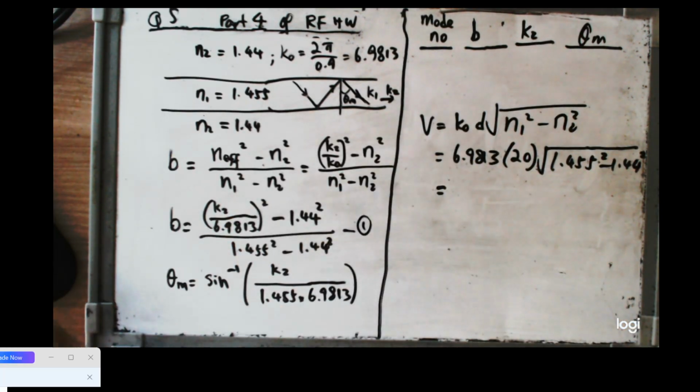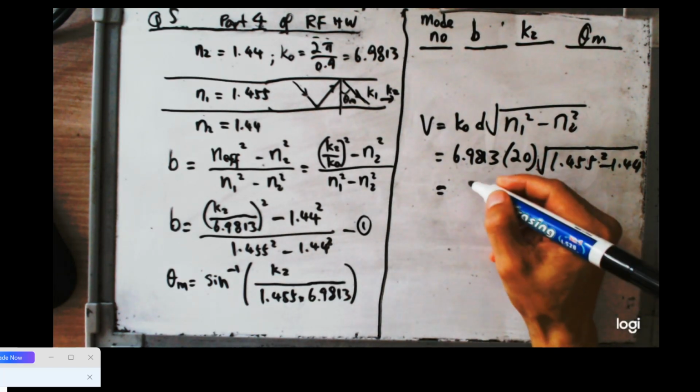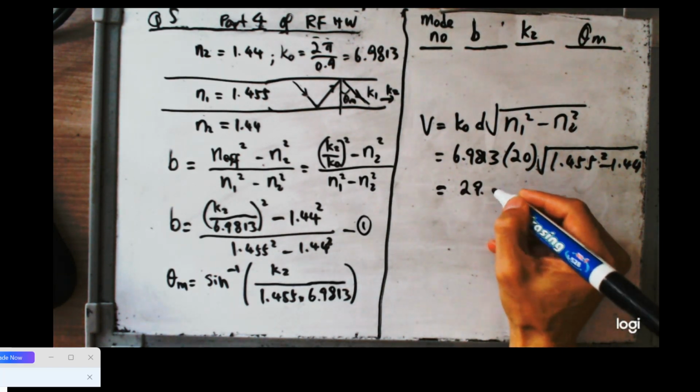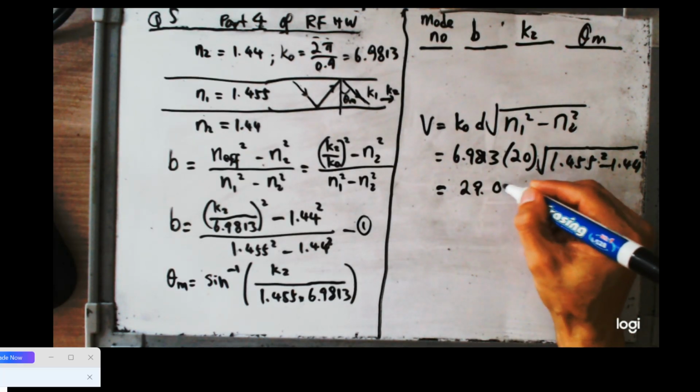So from what I have got here, the V number is 29, maybe just 29.96.